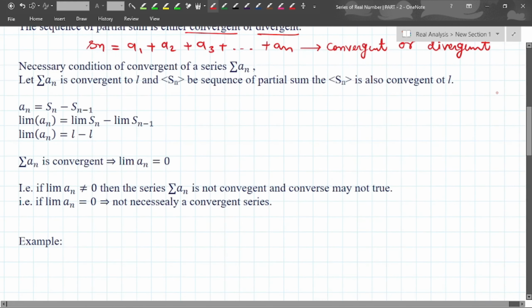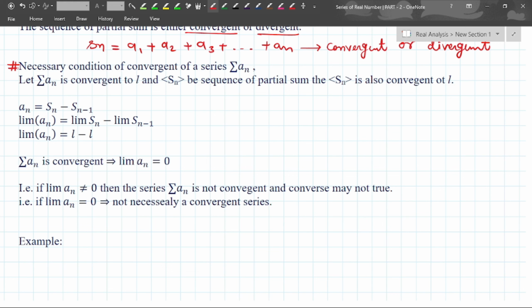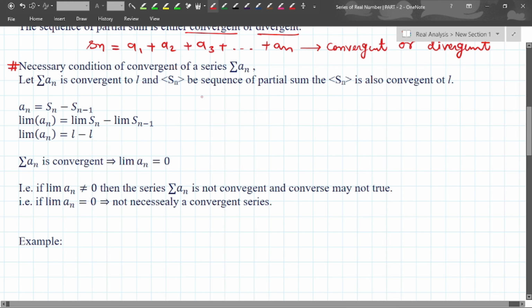What is the necessary condition, not sufficient? This is the necessary condition: this should happen, and only then can we say whether my series will converge or not. From the series we make a sequence, the sequence of partial sums, SOPS. Let the series an be convergent, converging to L, and let Sn be the sequence of partial sums.